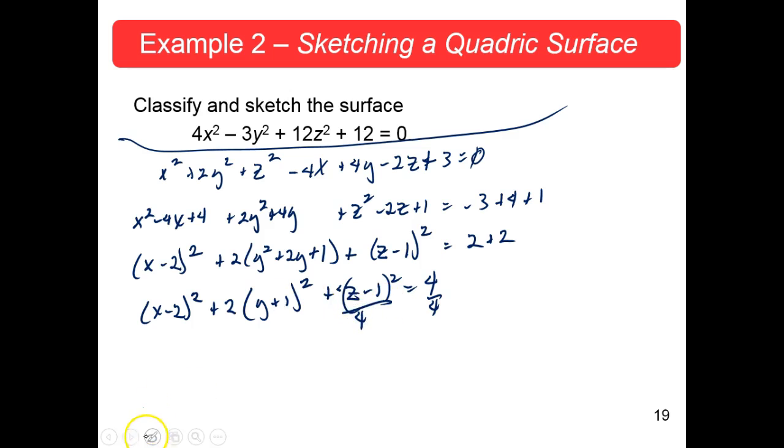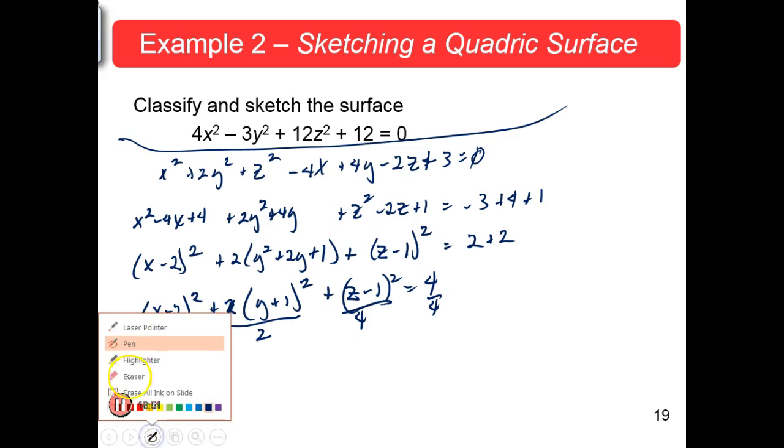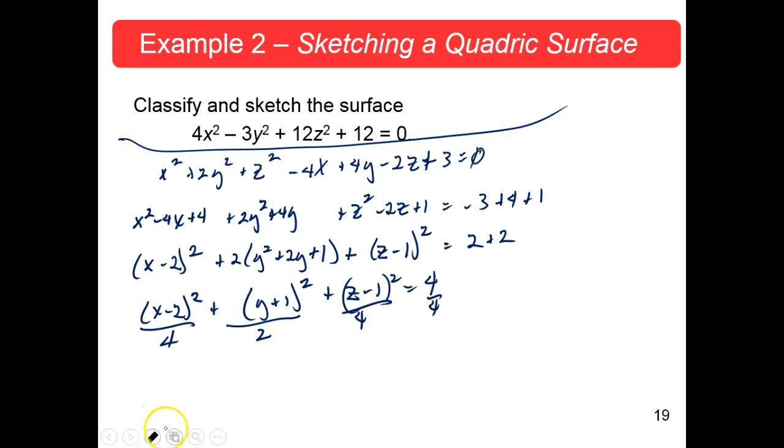Divide everything by 4. When we divide this by 4, 2 over 4 would be one half. The 4 on the other terms disappears. I'm skipping some steps here because I don't have a lot of room. So this now becomes equal to 1.